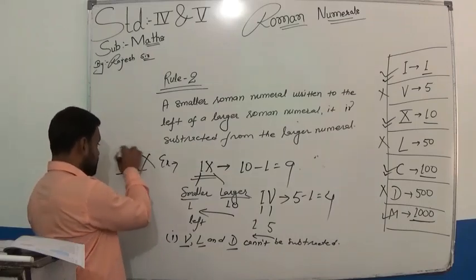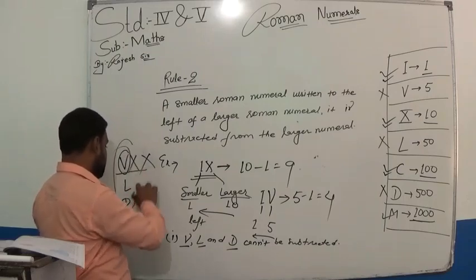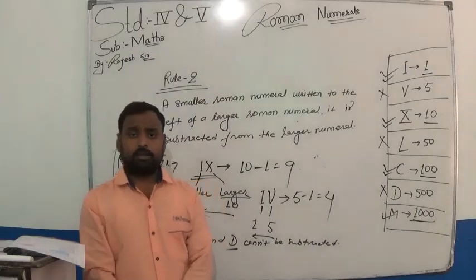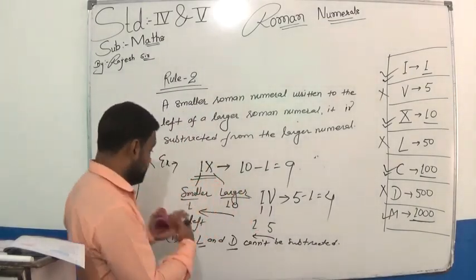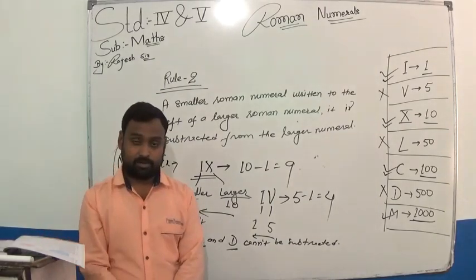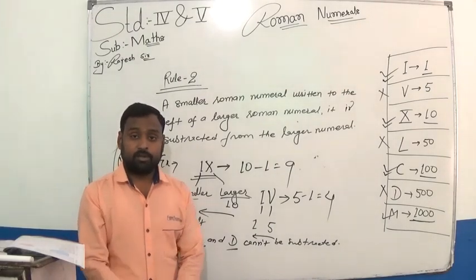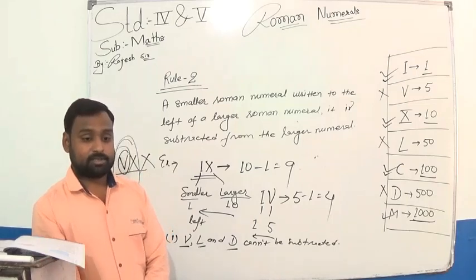Wrong, because V, L, and D can't be on the left side of larger numerals. Very simple. Keep in mind always, V, L, and D can't be to the left side of larger numerals.